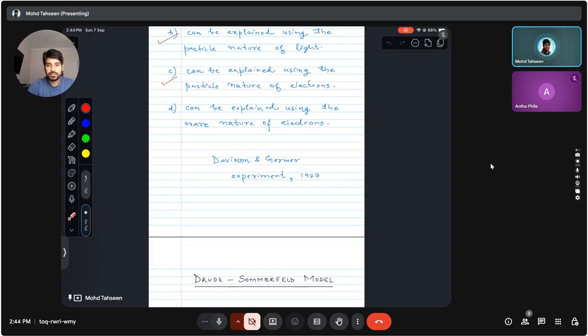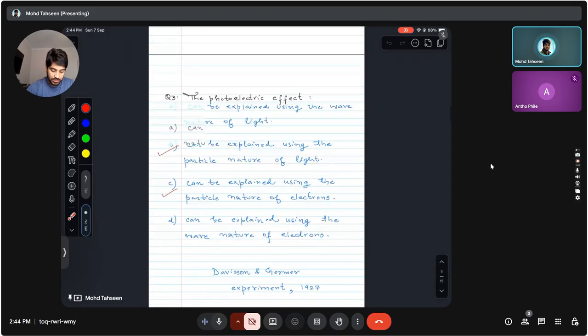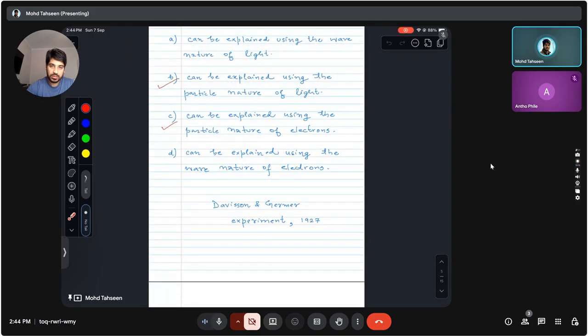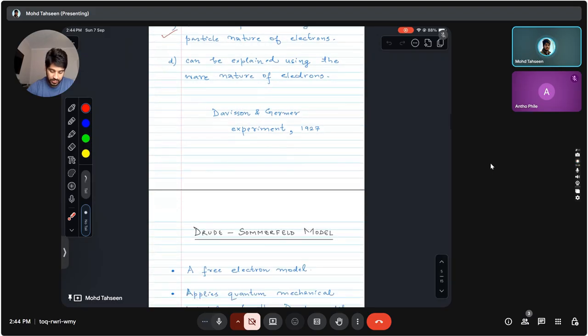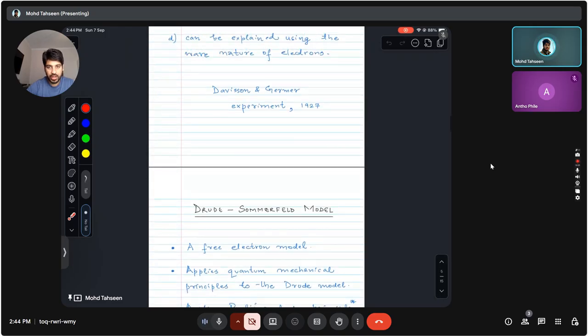Before this experiment, electrons were assumed to be particles, even quantum mechanical particles, but as per de Broglie's hypothesis, matter can behave both as a wave as well as a particle at the same time. So this experiment was the first in this line of work to establish the wave behavior of electrons, and the successful diffraction of electron beams was observed in this experiment.